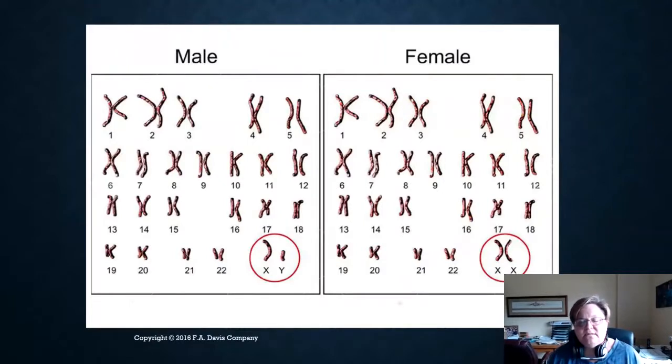Both males and females have 22 chromosomes. But when we look at the sex chromosomes, a male has one X and one Y, whereas a female has two X's. And that's what makes the difference between a male and a female.